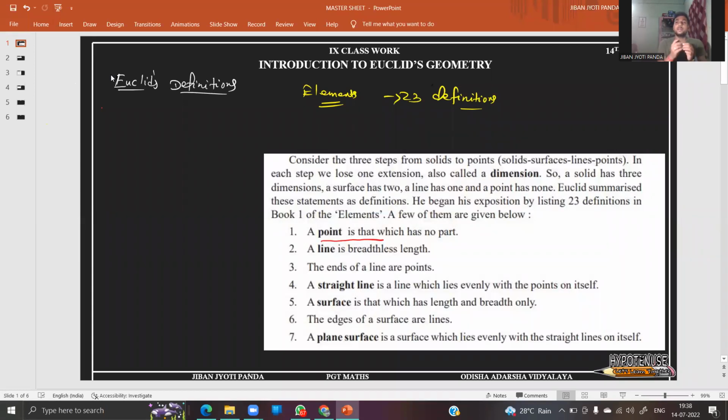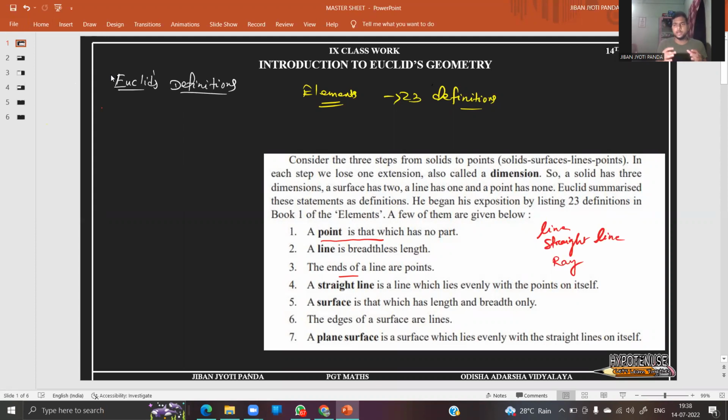We can say a line is of infinite length, that is breadthless length. If you are proceeding for an infinite length in any one of the directions, we are going to get the line. So a line does not have a finite length. We know the difference between a line, a straight line, and another one, a ray. One doesn't have any endpoints, one has 2 endpoints, one has only one endpoint.